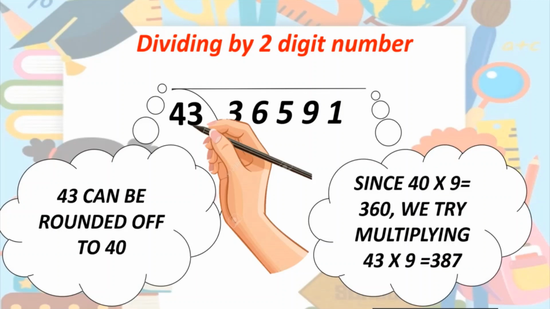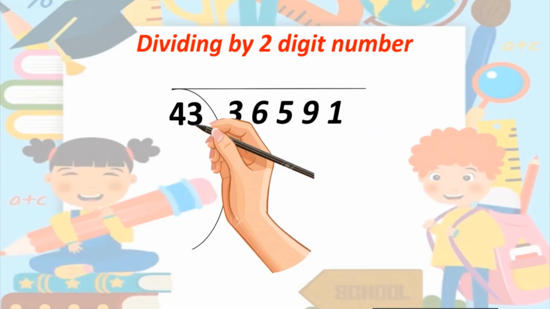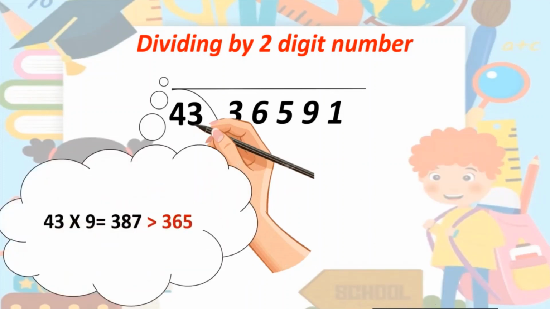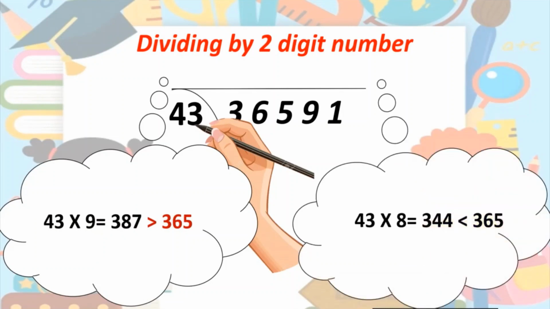So, let us try and multiply 43 by 9 and find the product. So 43 multiplied by 9 is 387. So it is greater than 365.